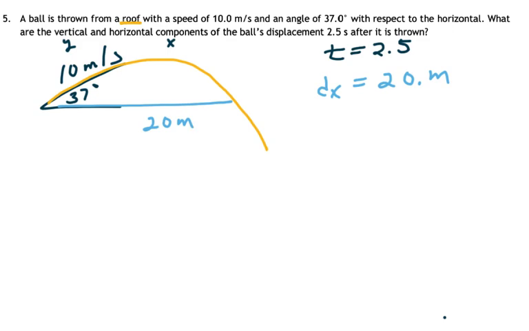And then your position in the y direction is equal to negative 16. Which just tells you that it's 16 meters lower than where you started out. So down to here is 16.